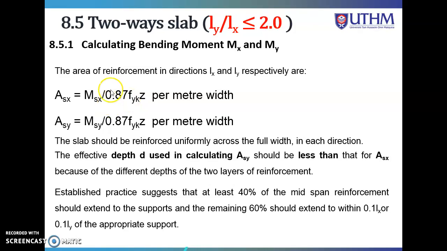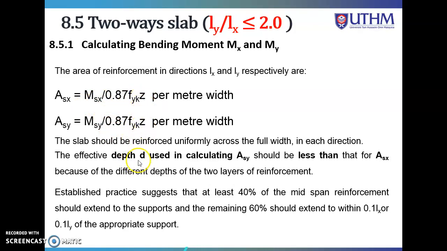Okay. So kita boleh substitutekan nilai m kita dekat dalam ini untuk mencari nilai Asx and also Asy per meter width. Tapi dalam kita nak kira ni, kita kena kira Z, betul? Kita kena tahu Z, kita kena tahu nilai fyk, tak masalah. Msx kita dah cari melalui equation yang tadi.